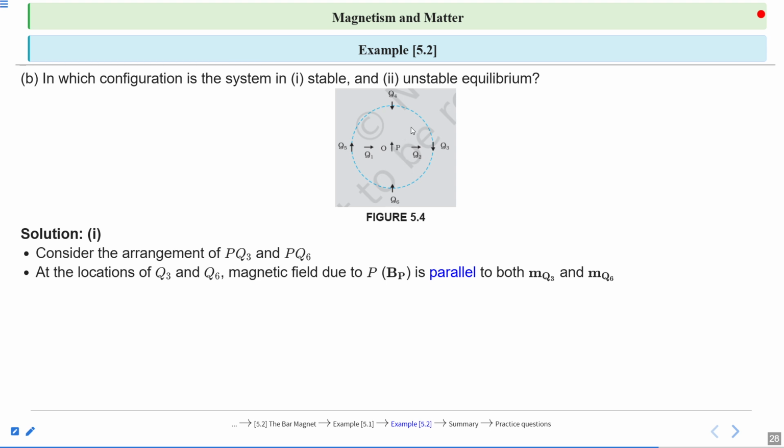That means the magnetic field is parallel to Q3 and also parallel to Q6.